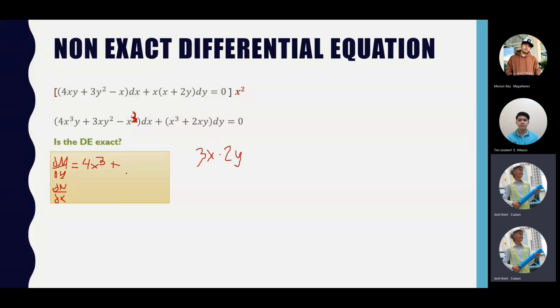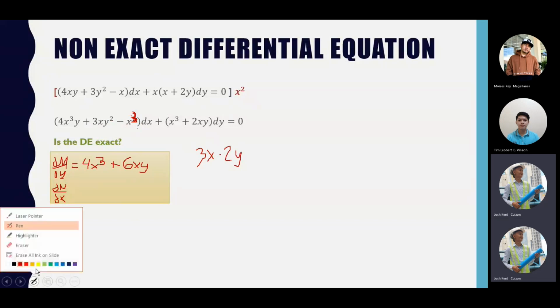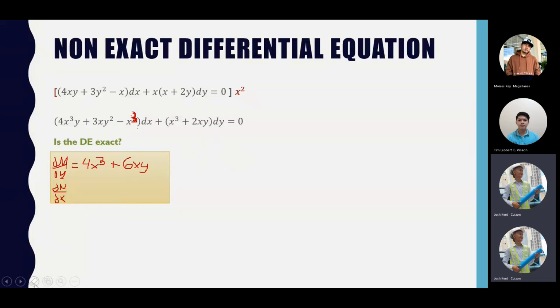So 3x times 2y becomes 6xy. Minus, the derivative of a constant is just 0, so we disregard that one. And in here, partial of n with respect to x. So the derivative of x cubed is 3.